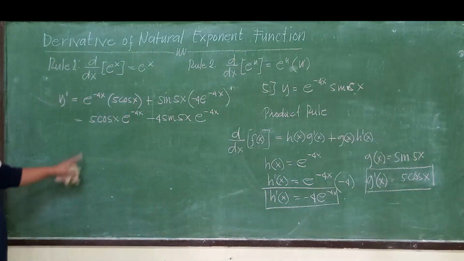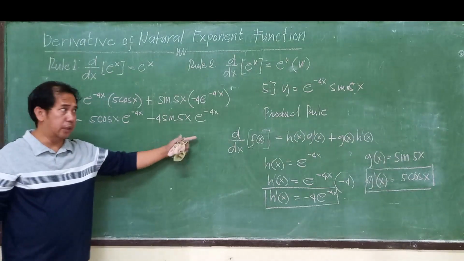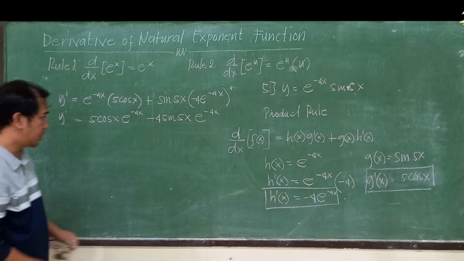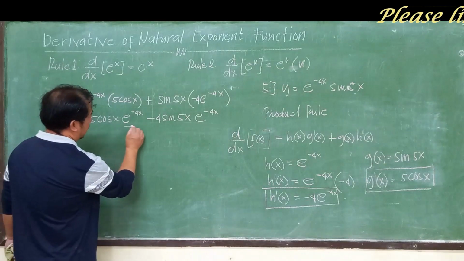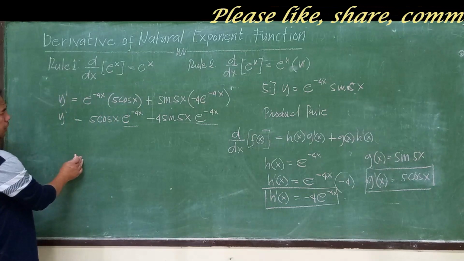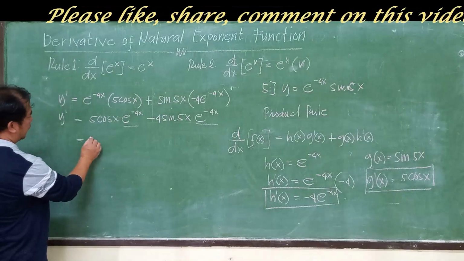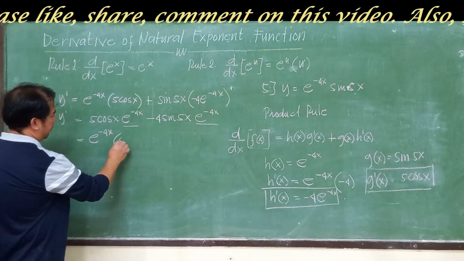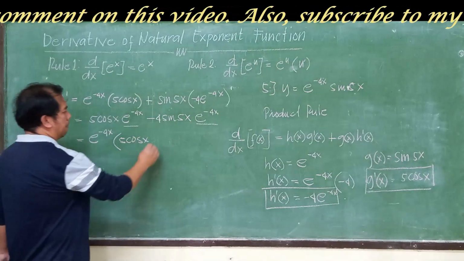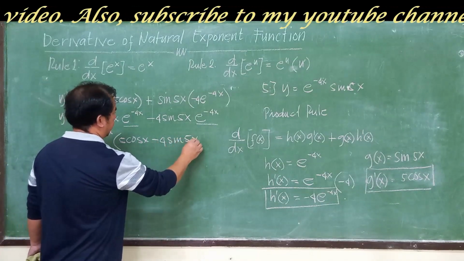Now notice that we can have this one to be our final result, but this can be simplified by trying to factor out what is common to them. Notice what is common is e raised to negative 4x, so we can factor out that one. We might have a result of e raised to negative 4x multiplied by 5 cosine x minus 4 sine 5x.